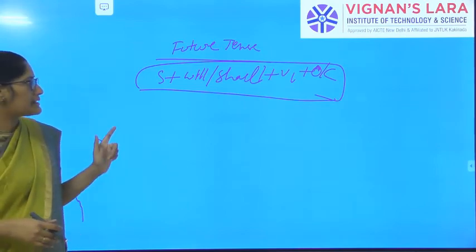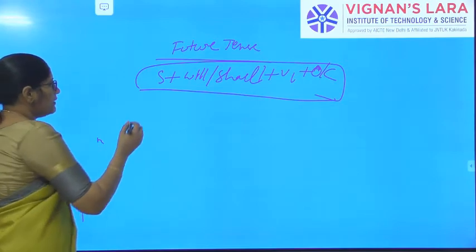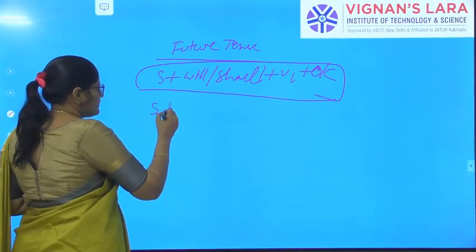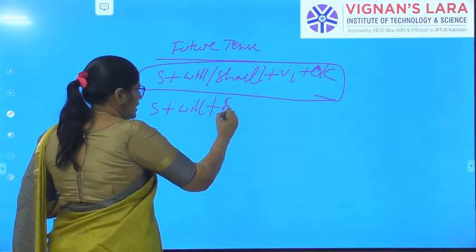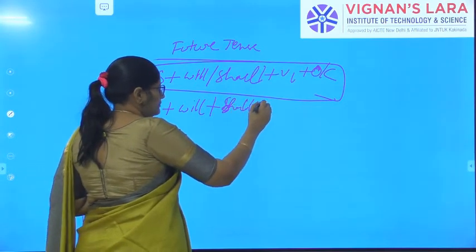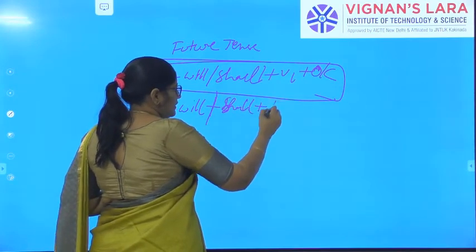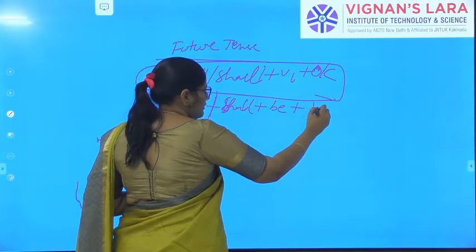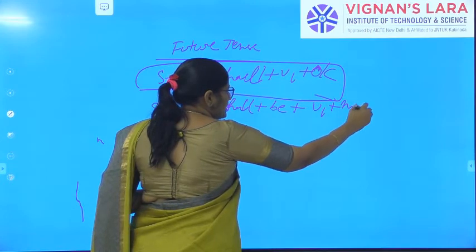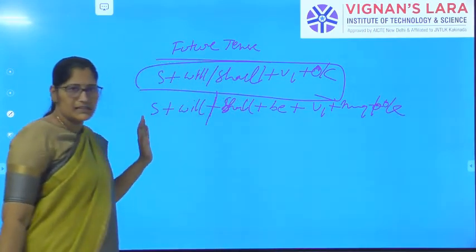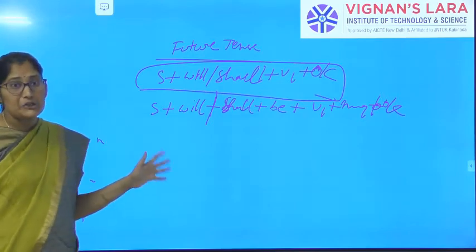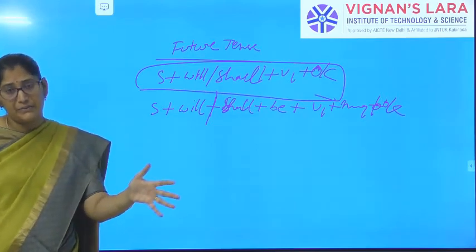Next we go with the future continuous: subject plus will or shall plus V1 plus ing plus object or complement. For example, "I'll be doing my homework by this time tomorrow."